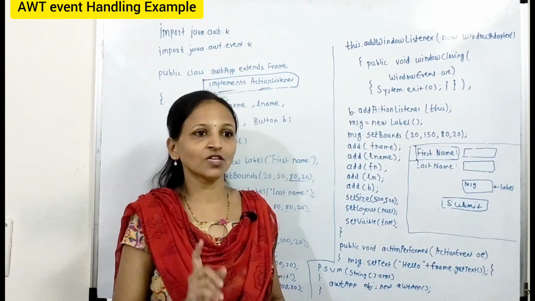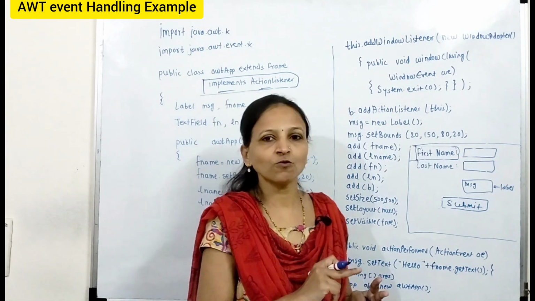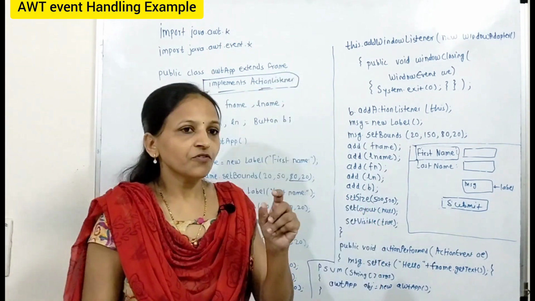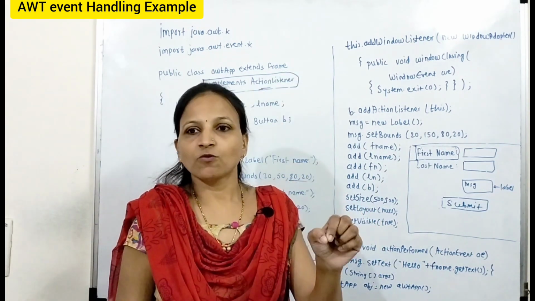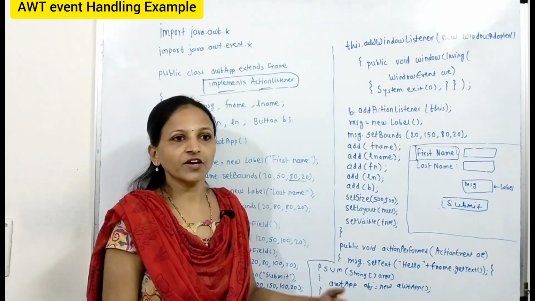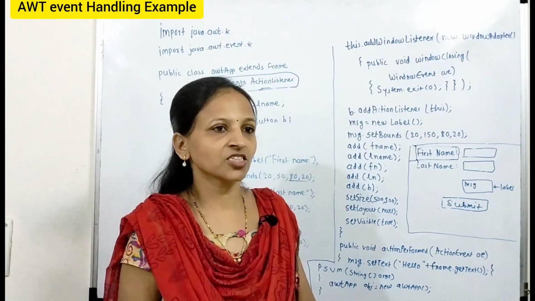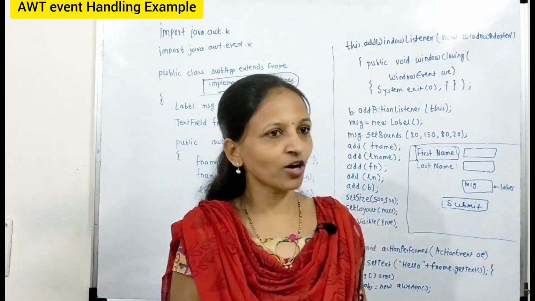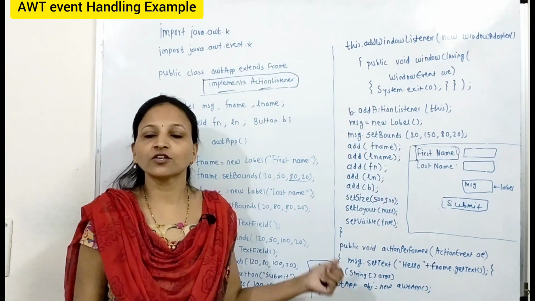Those events also exist. If you are considering the mouse, then you have to compulsorily write all the methods here, whether you want to do any action for that event or not. Then also you have to write all the events.